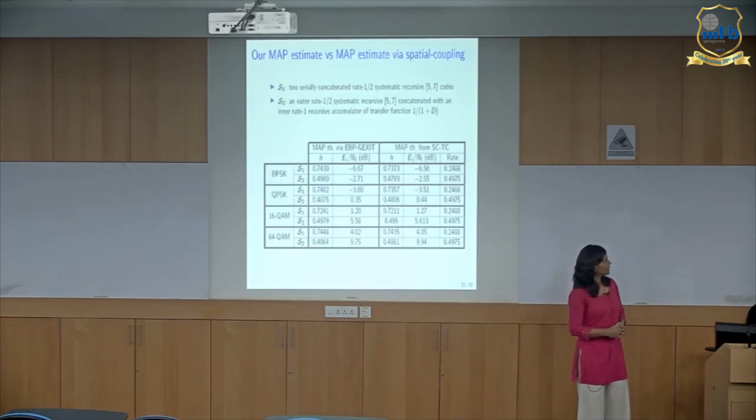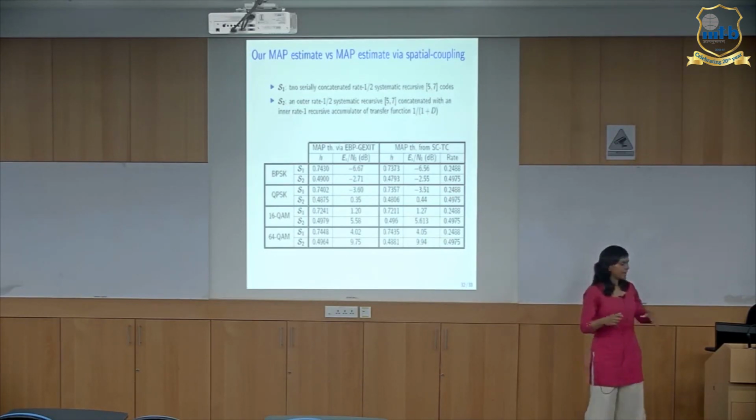Now in this table I have some predicted values of the MAP threshold. These are the MAP thresholds which we obtain using the EBP exit chart. The MAP threshold is mentioned in terms of channel entropy H and the Es/N0 values, and in the right hand column I have MAP estimated values obtained by doing spatial coupling and very rigorous simulations.